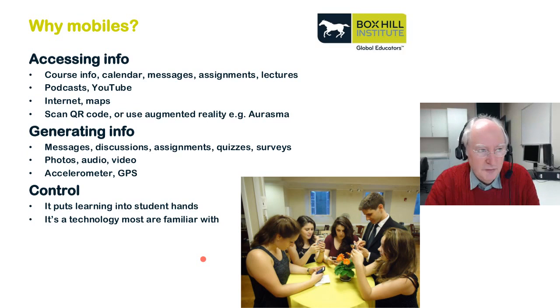But the phones have also got accelerometers, and some people are starting to use them in physics experiments and whatever, so that the phone can tell exactly how fast it's accelerating. And GPS data. So if you're taking a photo out on site somewhere, it can tell you exactly where the photo is. So we can be generating information as well as accessing it.